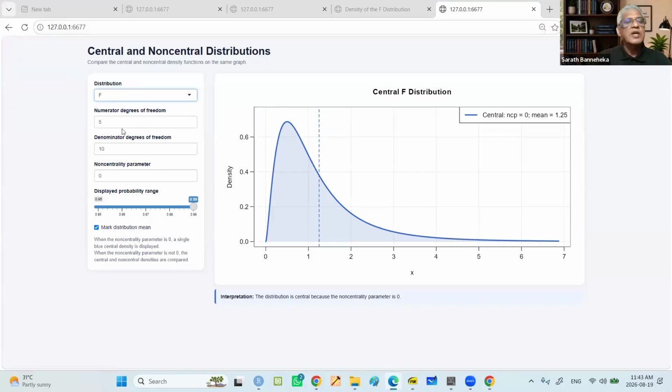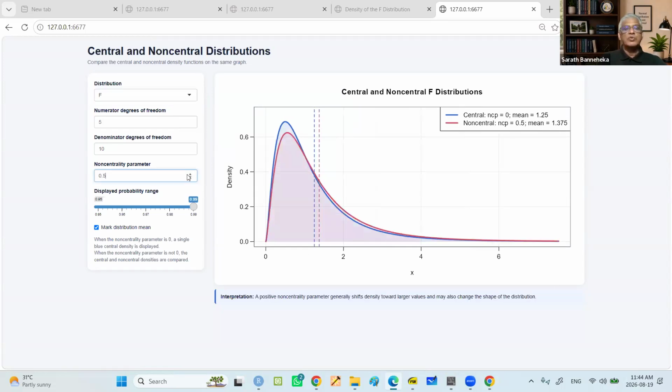Here at the beginning, I have only the F distribution with 5 numerator degrees of freedom and 10 denominator degrees of freedom. You can see that it's a positively skewed distribution. In this case, the non-centrality parameter is 0. Now I will increase it little by little.